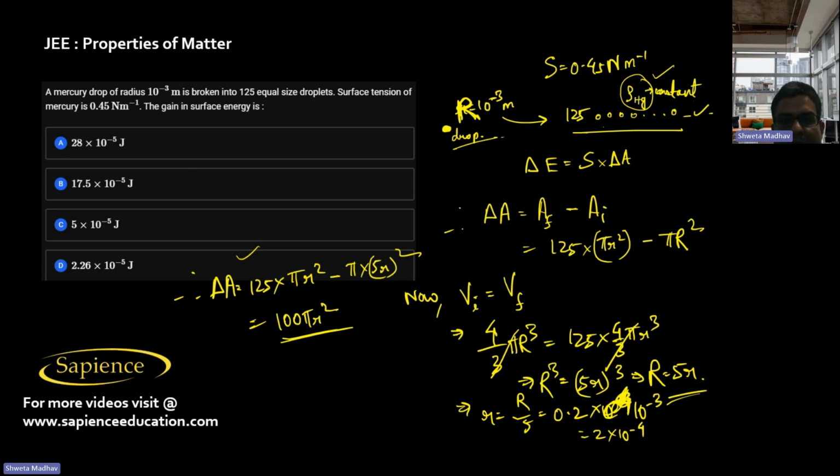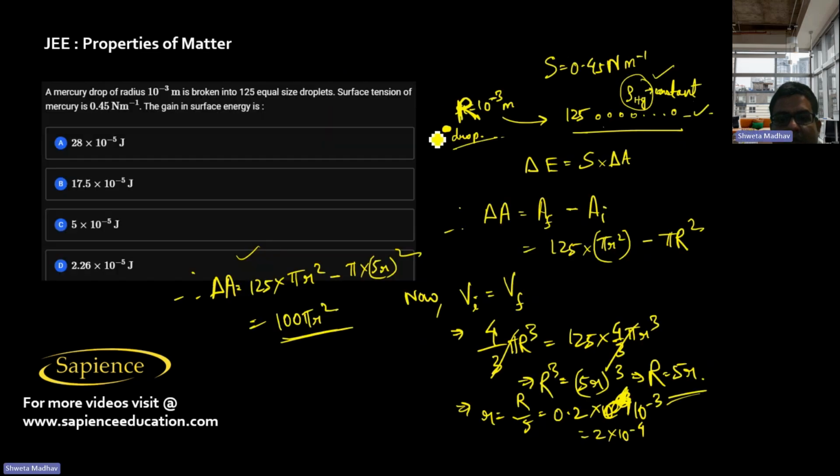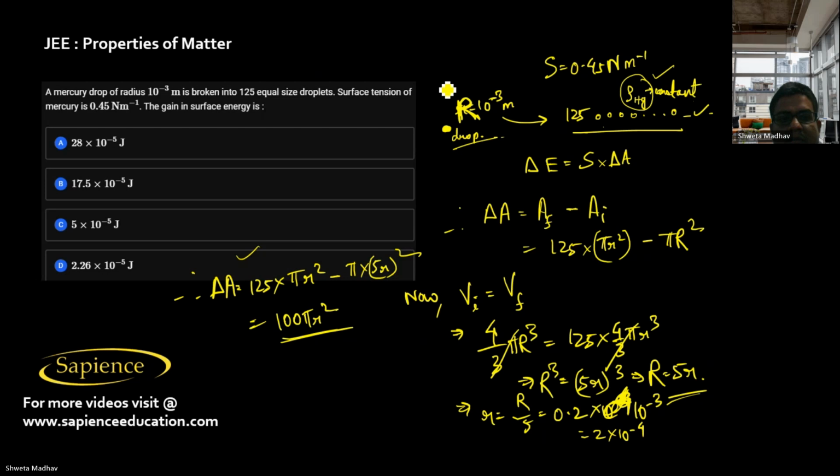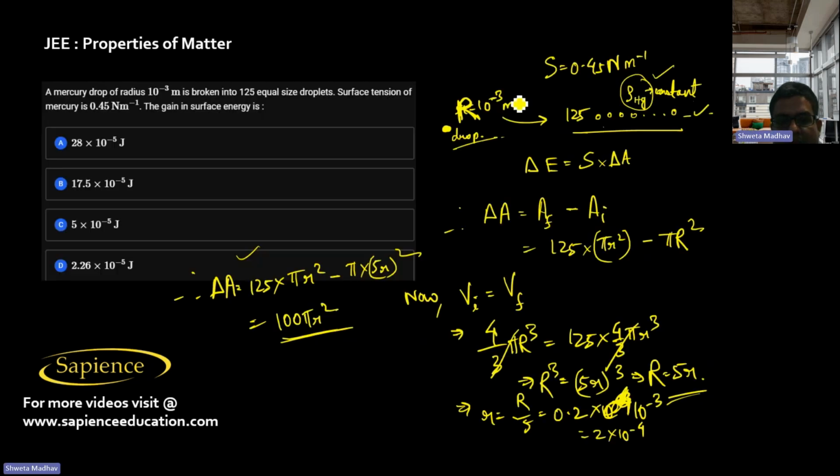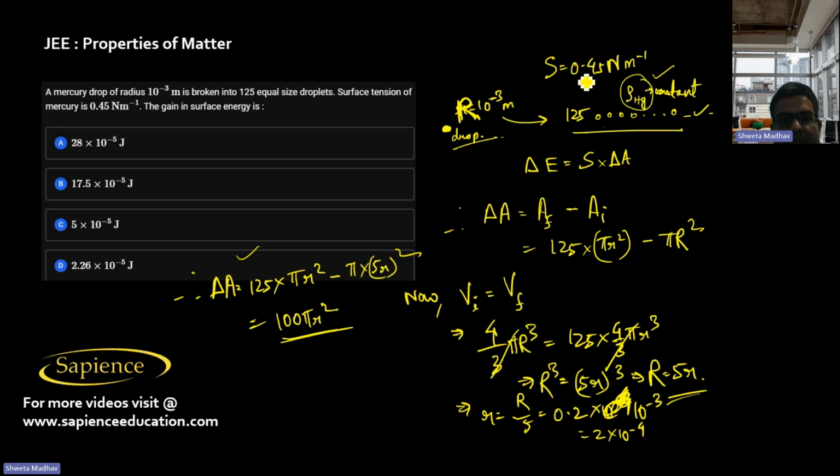Therefore, the gain in the surface energy is 0.45 into delta A, which is 100 pi r square, so 100 into 3.14 into r square, where r square is 2 into 10 power minus 4 whole square. So this much joule it will come.